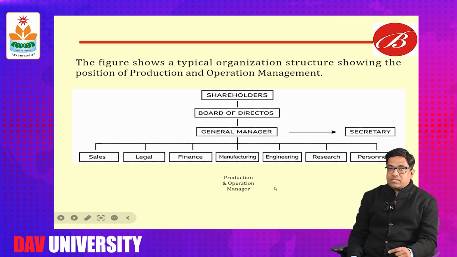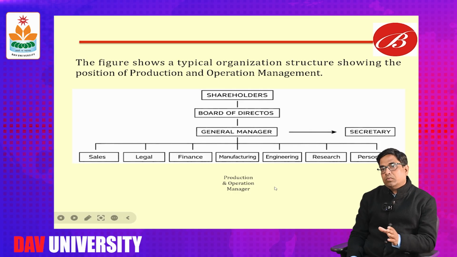See the diagram, you can see that different organizations have different organization structures. There is no fixed rule that one organization structure is applicable to all organizations. A general view of organization structure is displayed, where the topmost position is of shareholders. Then there are the board of directors and general managers.